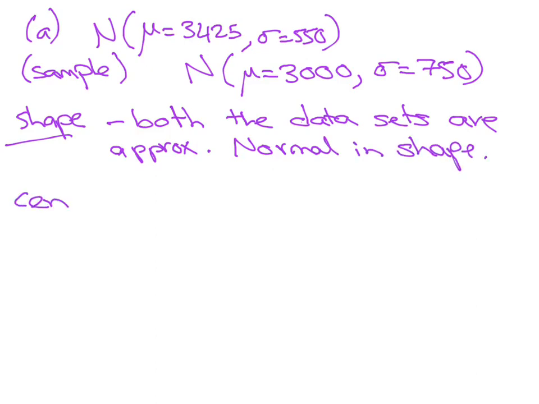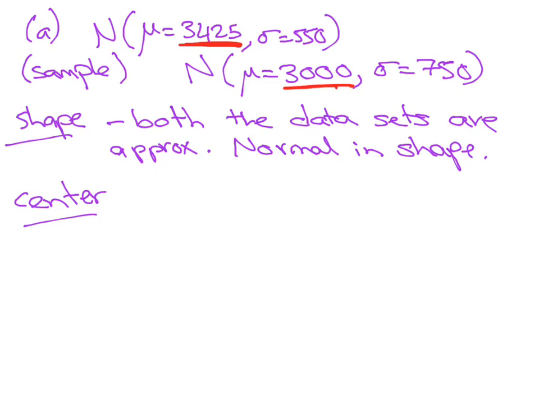Okay, centre. When we want to compare centre, we want to see which one is bigger and by how much. So the original one, mean of 3,425. The one from our sample, about 3,000. Which one is bigger? Well, the original one is. And how much bigger is it? It's bigger by 425 grams.